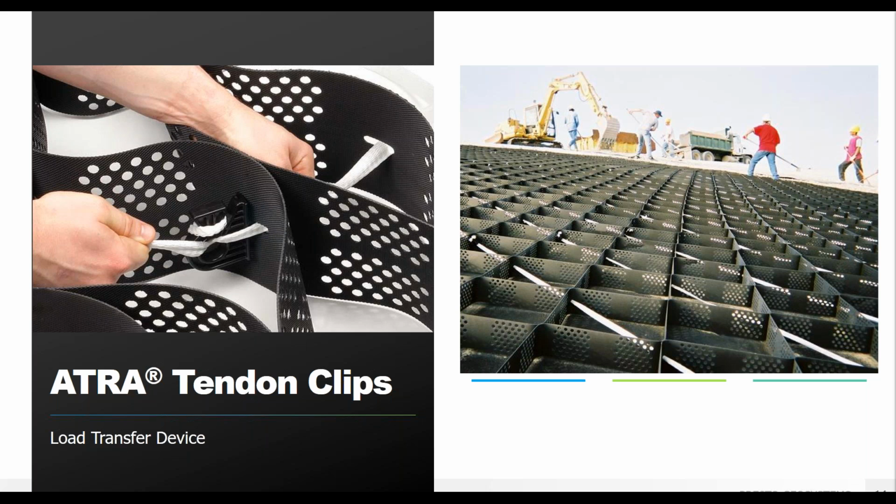And again, we have a specific clip. It's called the ATRA tendon clip. And that's going to help transfer the load from the infill material to the panels, to the tendons, to your crest anchorage at the top.